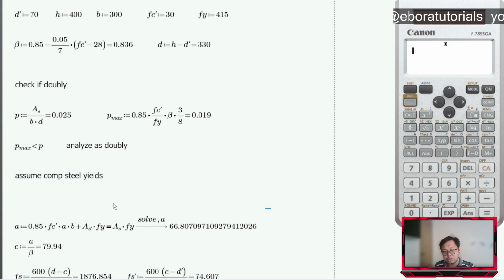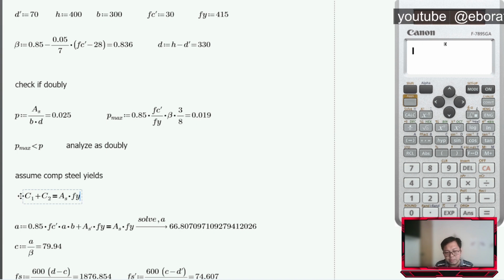Then my equilibrium equation, summation of forces horizontal: the compression from the concrete plus the compression from the steel, kasi meron tayong compression bars, must be equal to As times Fy, or yung tension steel.